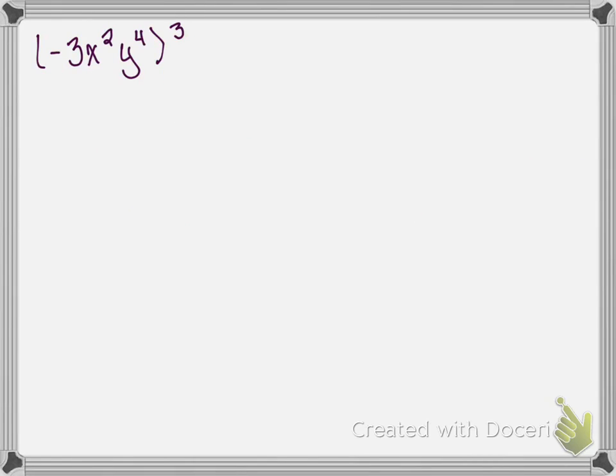Okay, now this is what I was talking about. Do I have anything on the outside of the parenthesis that's got to be given to everything on the inside? Okay, and this one does. It's right here. Okay, that 3 belongs to everything inside that parentheses, including the negative 3.